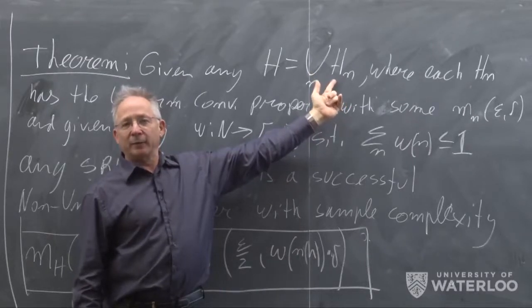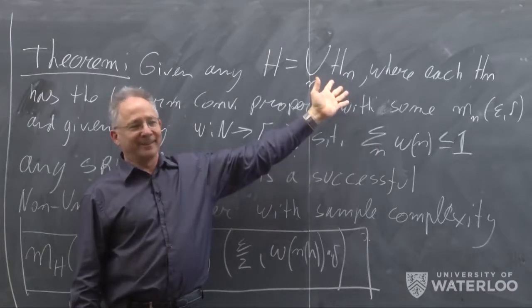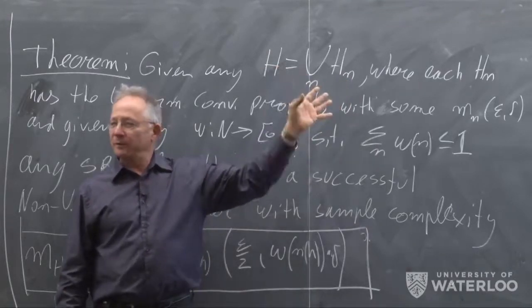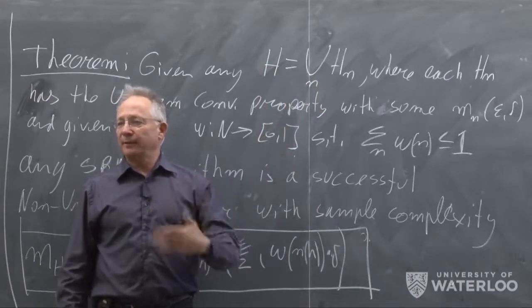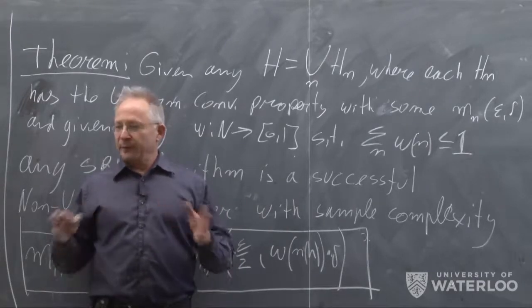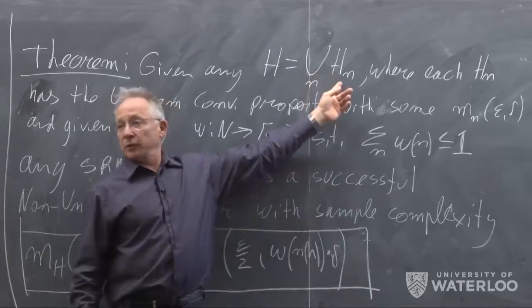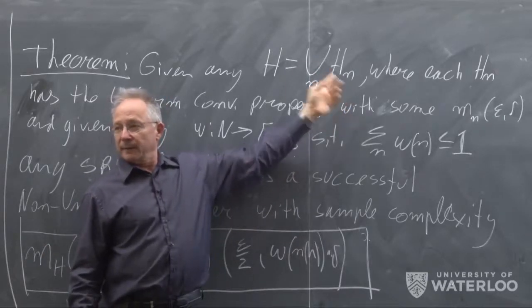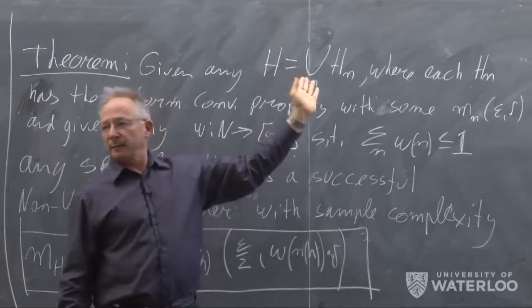And why I cannot do it, I promised you that there will be a bonus in the next assignment. So it's not that I showed it to you, but I stated it and said that I'll give it to you as part of the assignment. If you have a finite domain, you can always present it as such a union. So every finite domain is non-uniformly learnable.